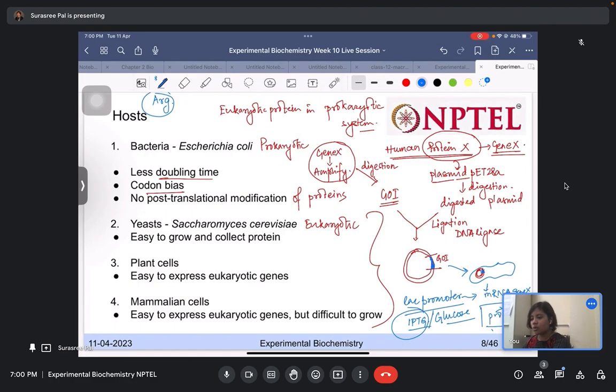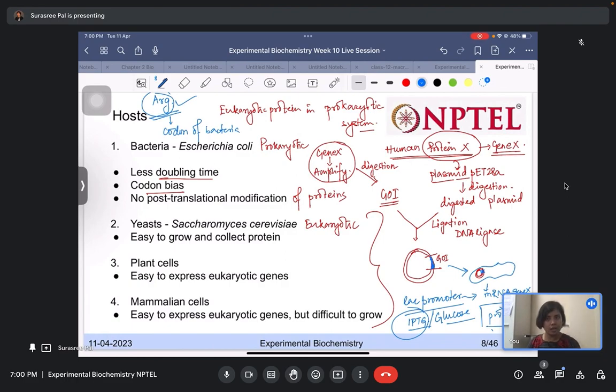So this codon for arginine, we change it to the codon of the bacterial system, so that this amino acid can be produced in the protein of our interest.